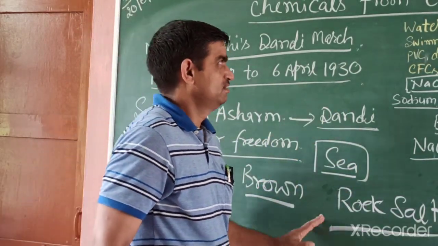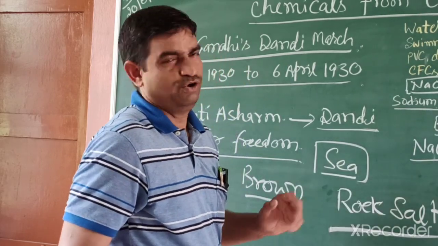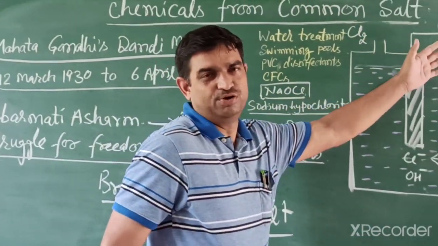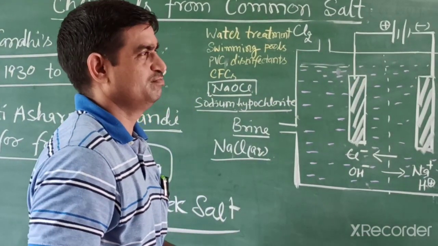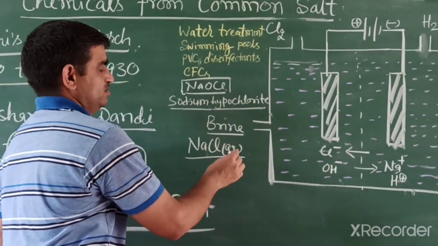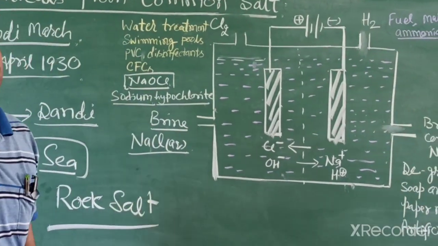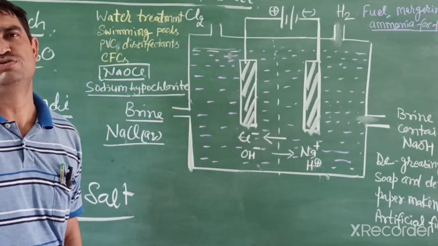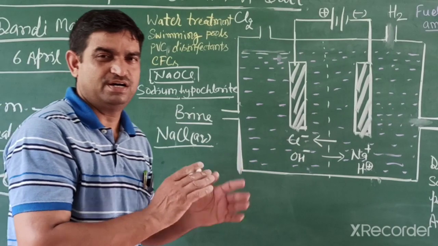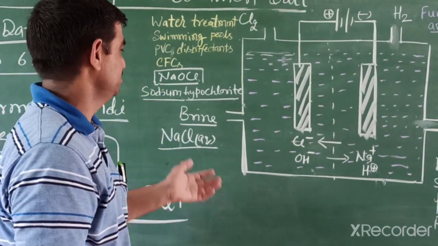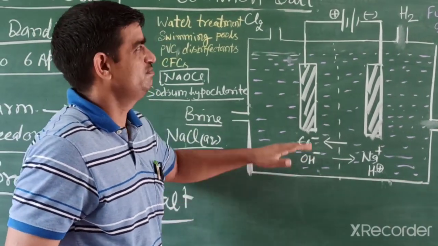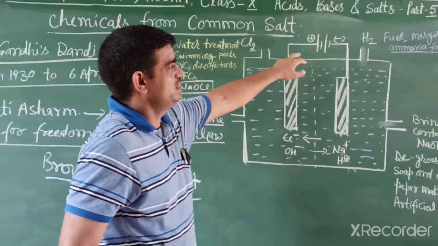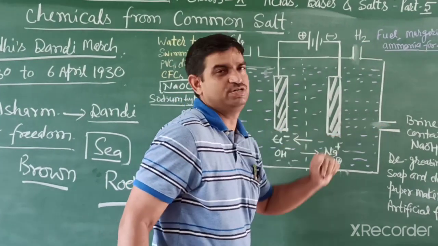Our next topic is the chlor-alkali process. We get this chlor-alkali process from common salt. So you know, students, brine solution is a sodium chloride aqueous solution. When we pass electricity through sodium chloride aqueous solution, we get chlorine gas, hydrogen, and sodium hydroxide.